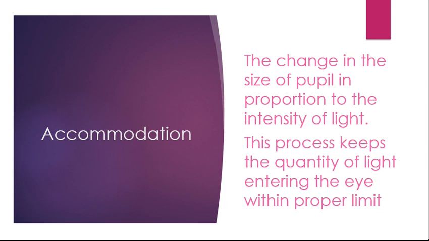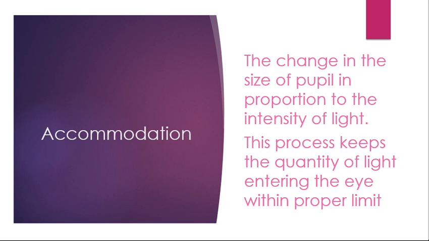Another function is accommodation. The change in the size of the pupil in proportion to the intensity of light is termed accommodation. The pupils adjust the light coming inside the eye, adjusting the proportion or intensity of light.